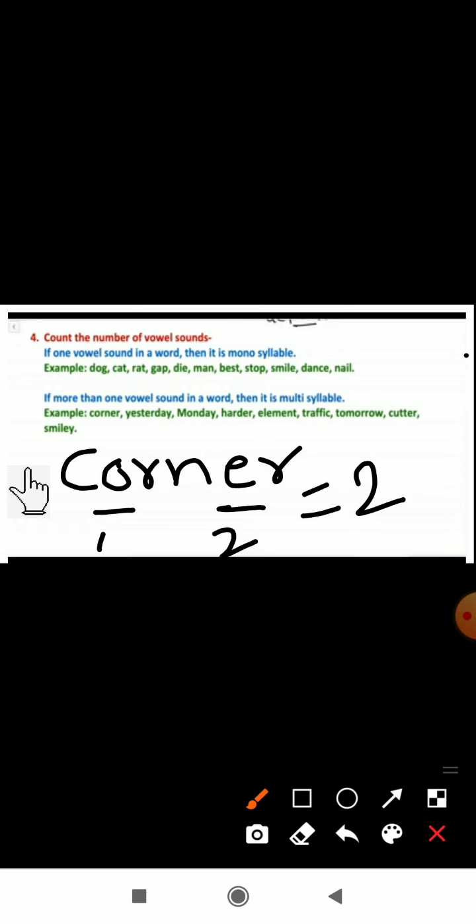So you can say it is multi-syllable because more than one vowel sound is there in this word. Take one more example. Here, Monday. Here also, find out the vowels first. Here O and here A. Whether they are together?